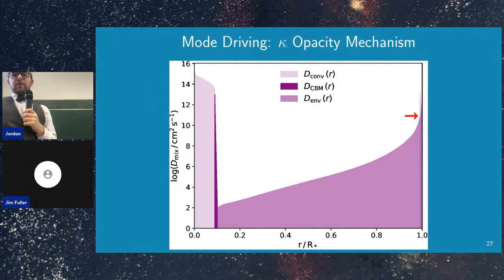And this would happen in these specific layers very close to the surface of your star, where you have hydrogen. For B stars, in fact, this is not hydrogen, but there are iron-like isotopes that are missing some electrons. They are ionized, and these transitions help you perform exactly that. They help you perform the mode driving.